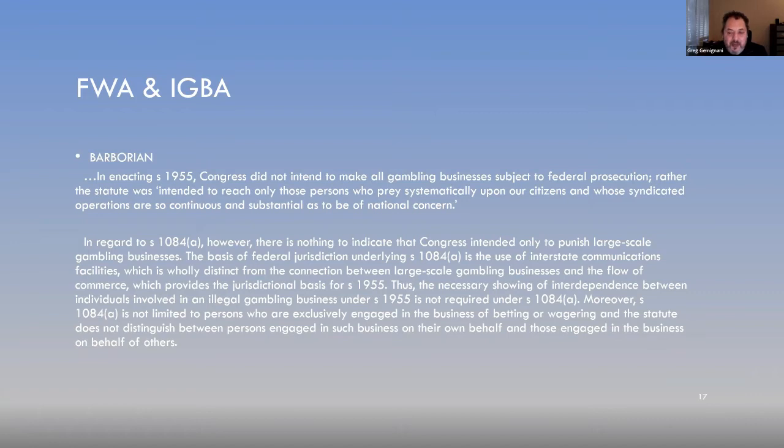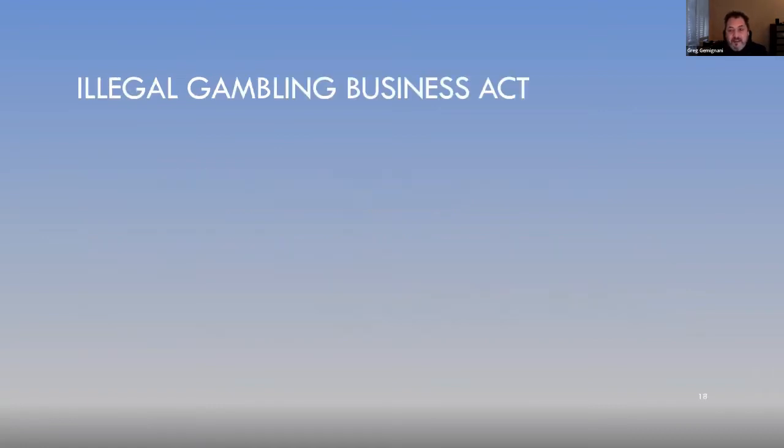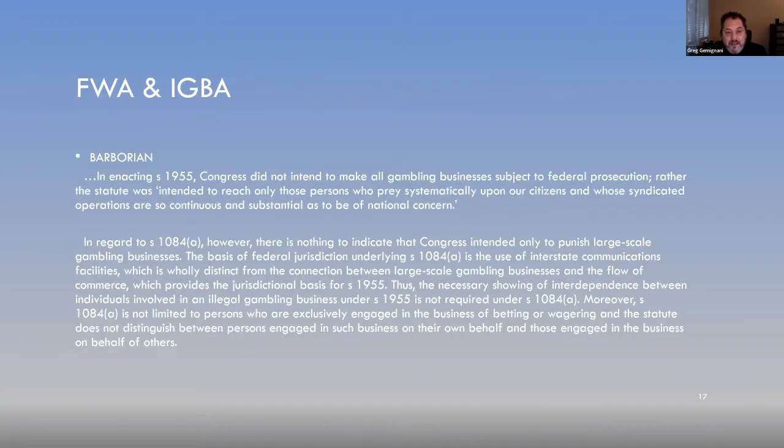It's providing some kind of continuous or repeat service for a fee, or providing something integral to the business. Where the Illegal Gambling Business Act, it doesn't have to be integral. It can be anything necessary or helpful. So on one hand, it's a lower standard. On another hand, it's a little bit higher.